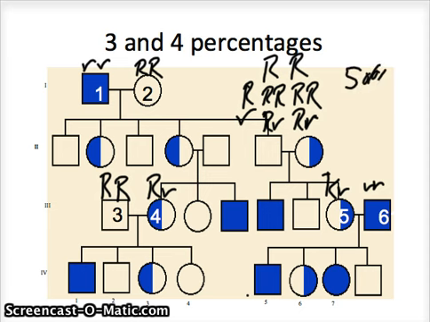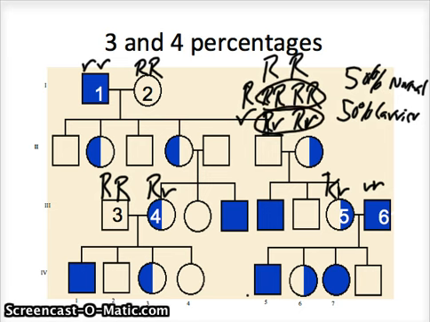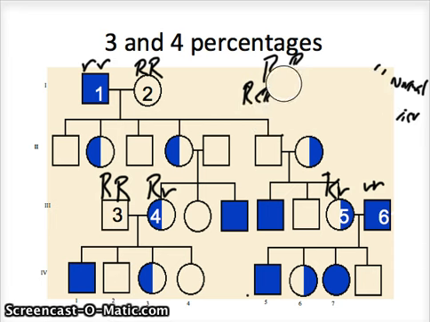So 50% is going to be normal. And 50% are going to be carriers, or the sickle cell trait, because these two are our normal ones, these two are our carriers.